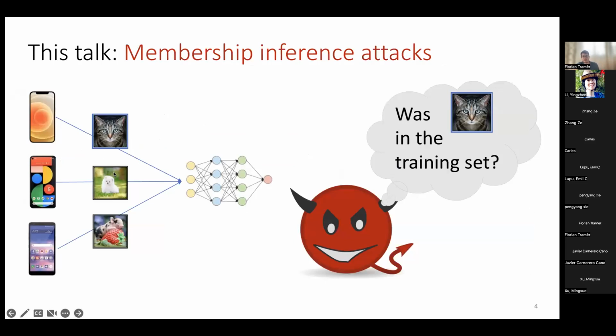So what we'll be talking about first, and this is going to be the main thread throughout this talk, is we're going to think about privacy from the perspective of a special type of attack that we call a membership inference attack.